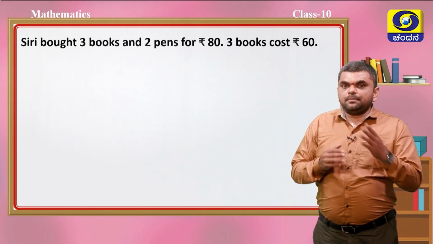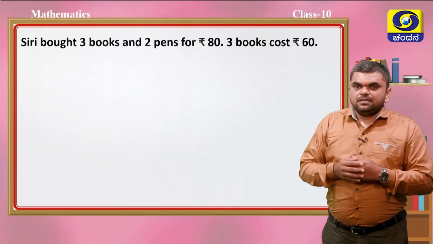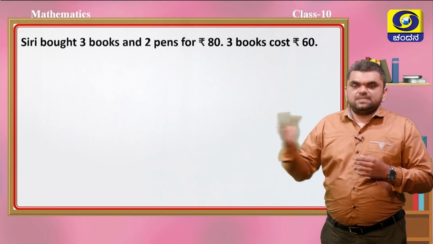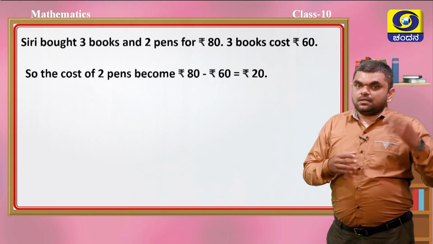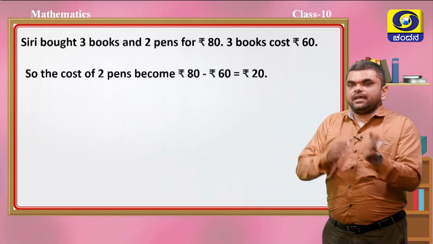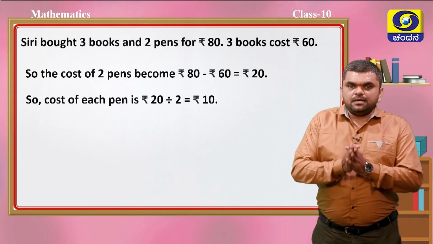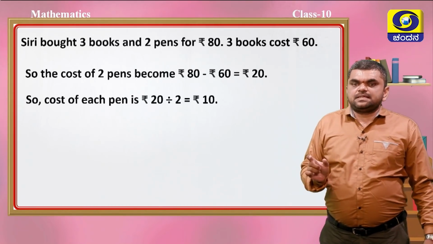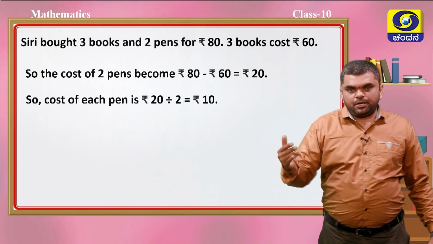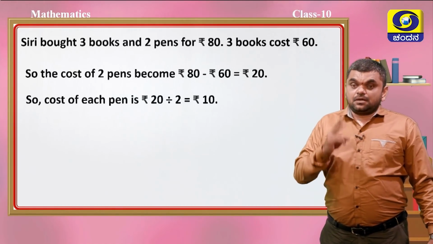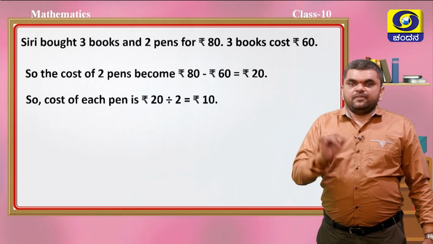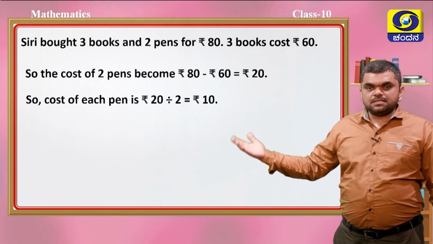Here Siri bought 3 books and 2 pens for 80. 3 books cost 60 rupees, whereas the cost of 2 pens becomes 80 minus 60, that is equal to 20, children. So the cost of each pen is equal to 20 divided by 2. That is why the cost of 2 pens is 20, whereas the cost of 1 pen is 10 rupees only.